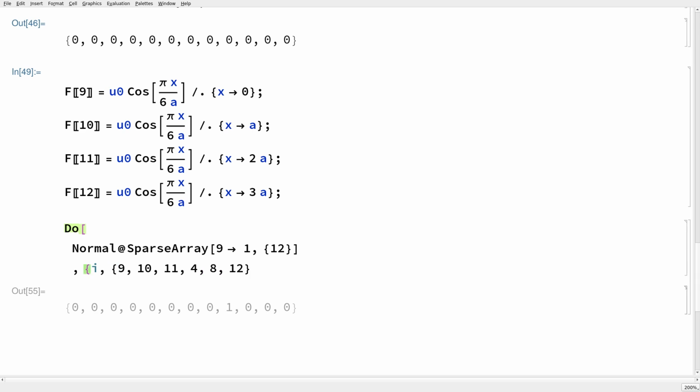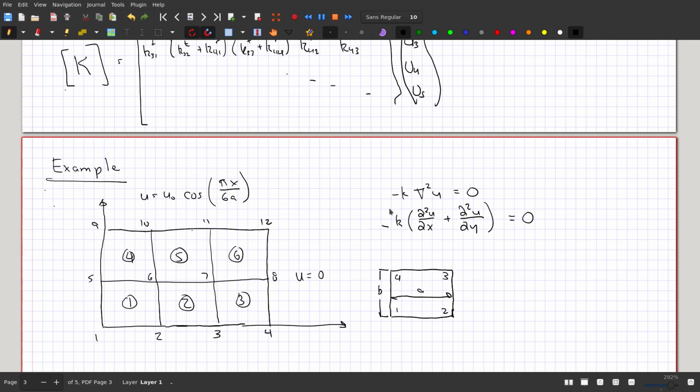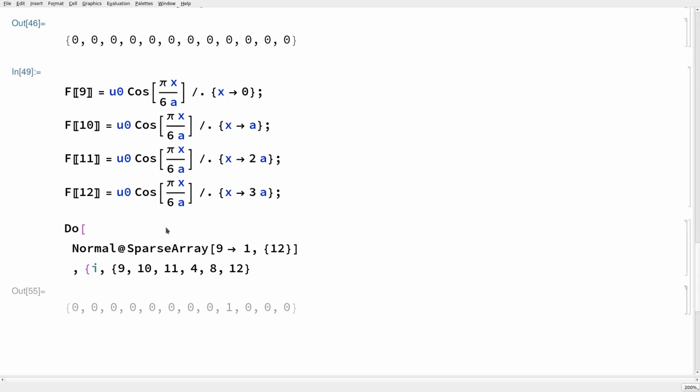Again, that comes from 4, 8, and 12 are 0, and 9, 10, and 11 are these sides. Okay, so I'm going to loop over those, setting the row of k equal to this thing.